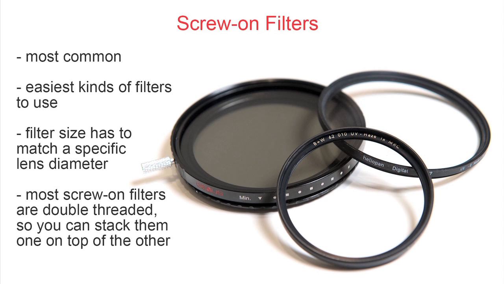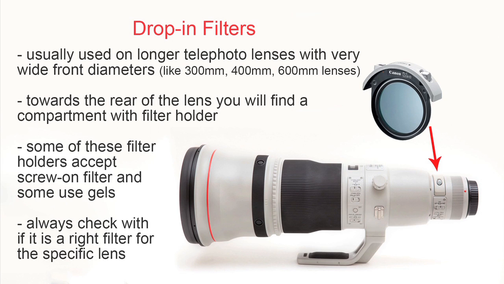The other type of filters are drop-in filters, which are usually used on longer telephoto lenses with very wide front diameters, which makes the production of screw-on filters expensive because more material has to be used to cover this wide front diameter of the lens. This is why they came up with drop-in filters, which are actually located towards the rear end of the lens where the diameter is smaller.